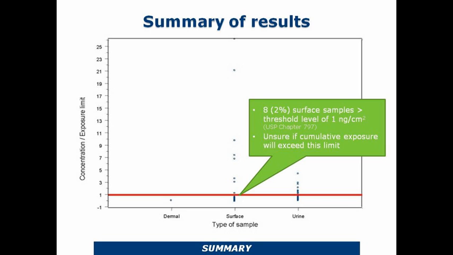And that's possible because of the long environmental stability of some of these drug products. And again, we only did it as a quick wipe. We didn't do it as a cumulative exposure. So we can't say whether or not there's a possibility of more samples exceeding this particular threshold value.